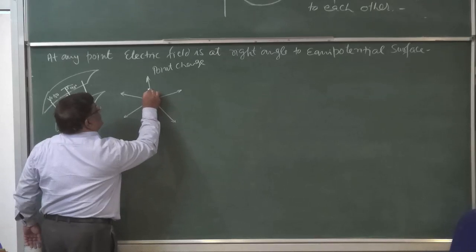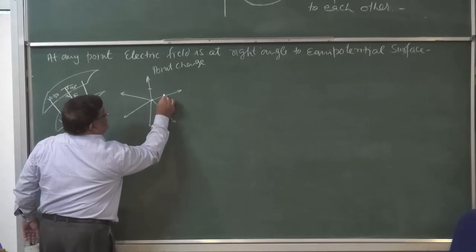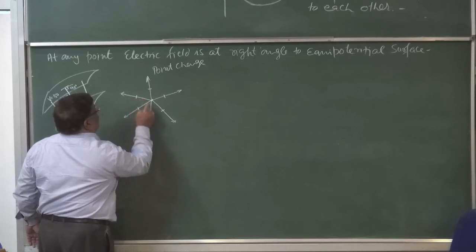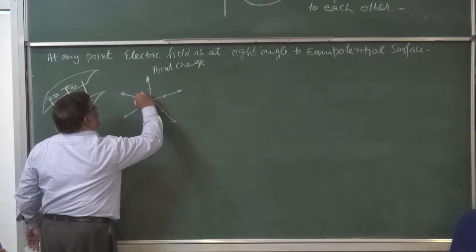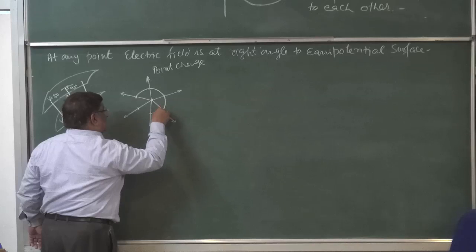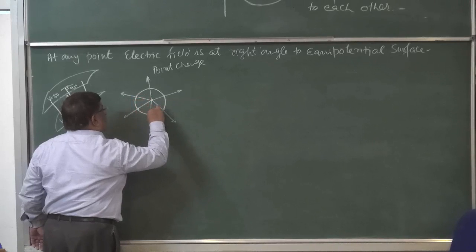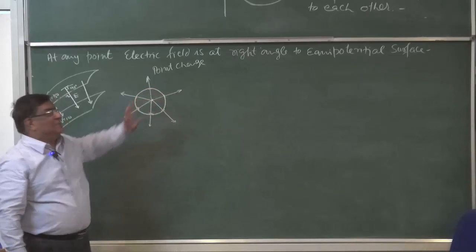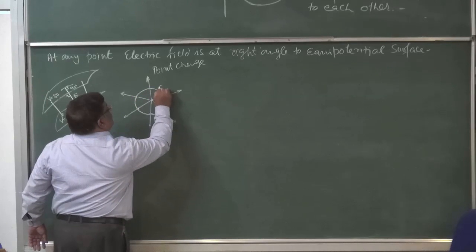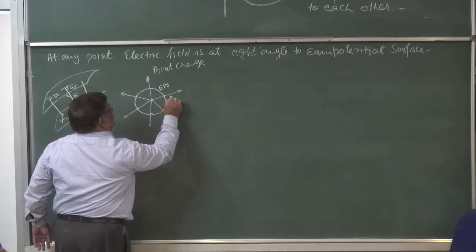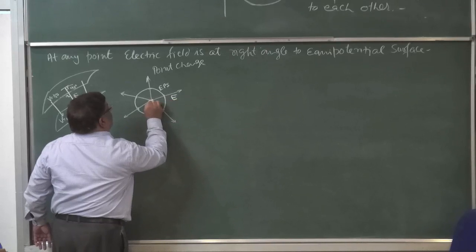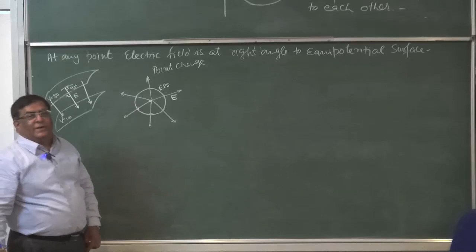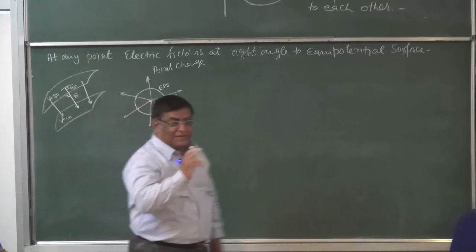Take equal distance, right angle, equal distance, right angle. All distances are equal and make a sphere. Everywhere V is the same. This is the equipotential surface and this is the electric field. Understand?